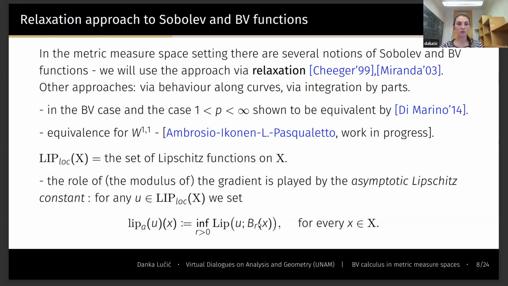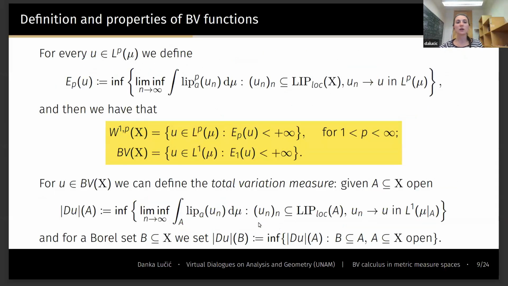Okay. So once we have this notion of asymptotic Lipschitz constant, for every Lipschitz function we can take this Dirichlet energy and then take the infimum over all the limits where we are taking sequences of Lipschitz functions converging to our function u in L^p.